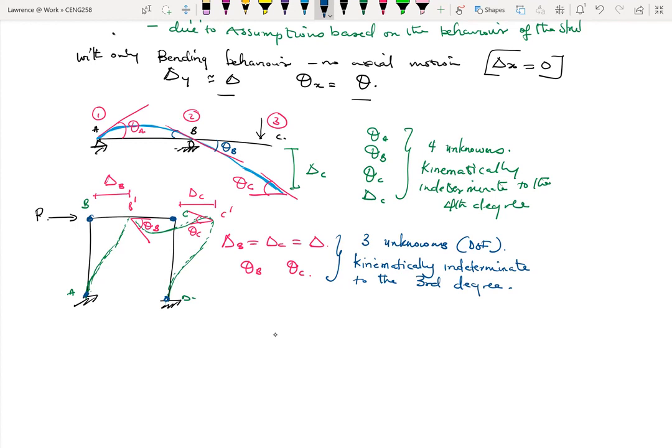So it's based on these unknowns that we will formulate the equation. So the slope deflection equation will be based on these unknowns. And that's one thing to take note of.